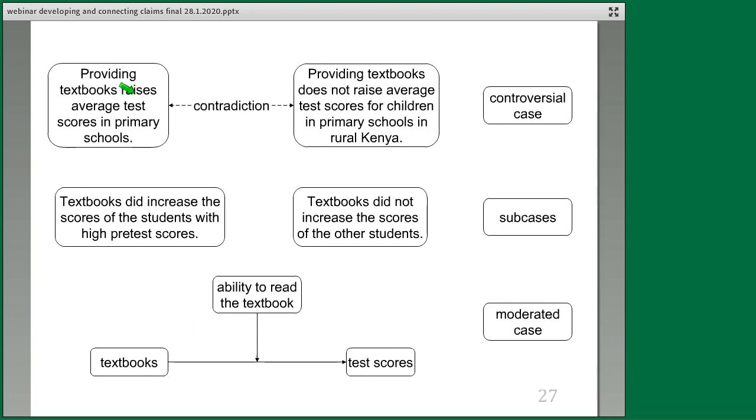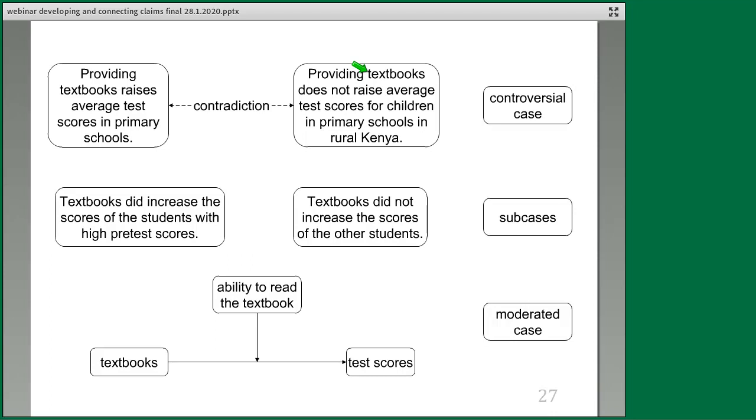For example, at the beginning, the claim providing textbooks raises average test scores in primary schools is important, and it's also important that it does not raise average test scores. So this contradiction is an important one.